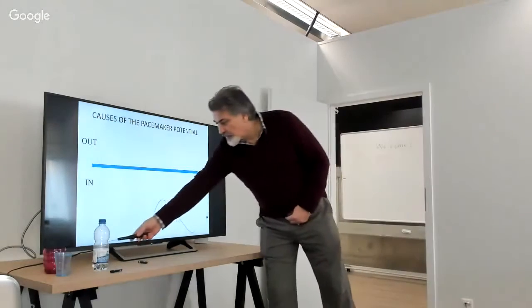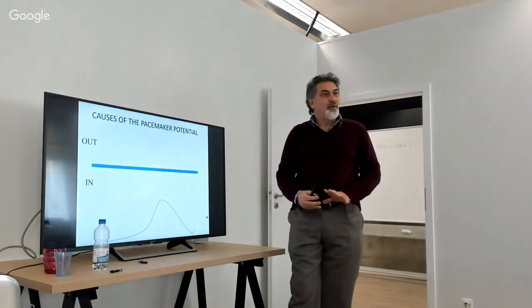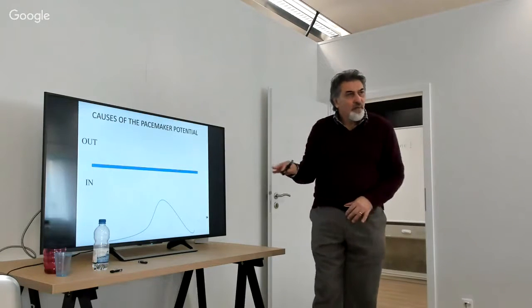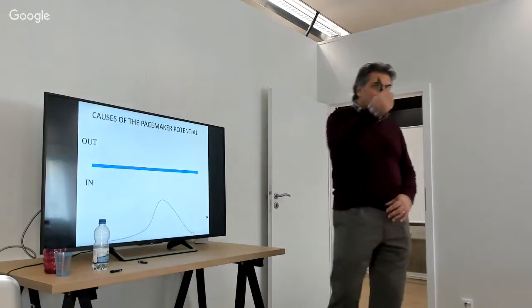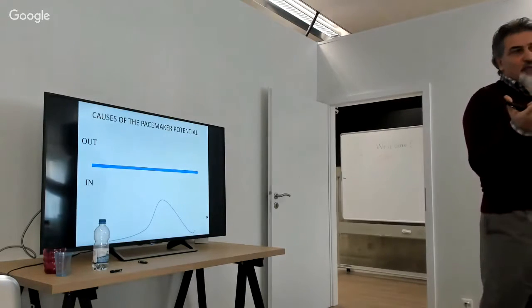This is the prepotential. It's not stable. Why is it not stable? Because we have the funny channel, because we have a transient calcium channel.